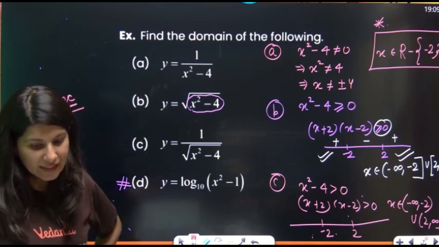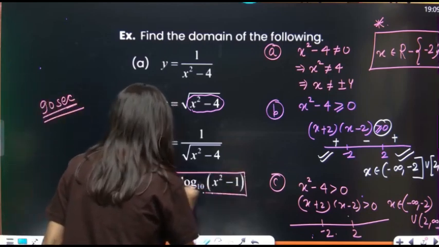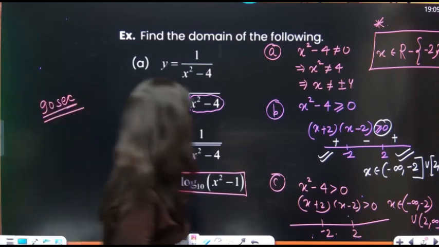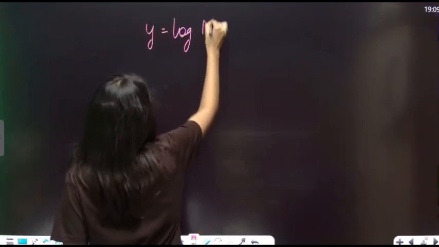Alrighty, clear. Now what about this? y is equal to log of x square minus 1 to the base 10. For that, let me tell you something about the log function. So y is equal to log of n to the base a.